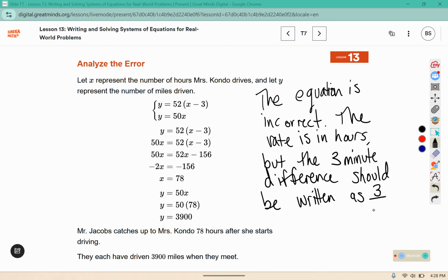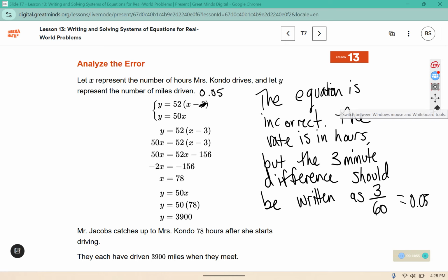So now that we have fixed the error, we need to solve it using the correct method. So 52 times 0.05 would give us 2.6 instead of 156. Then if we divide that by -2, that would be 1.3.